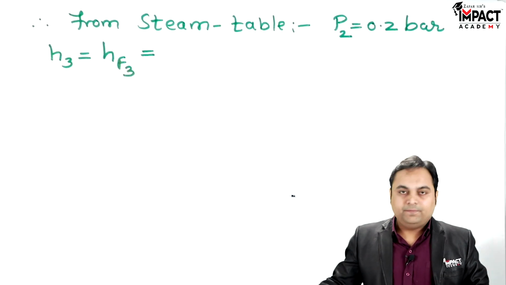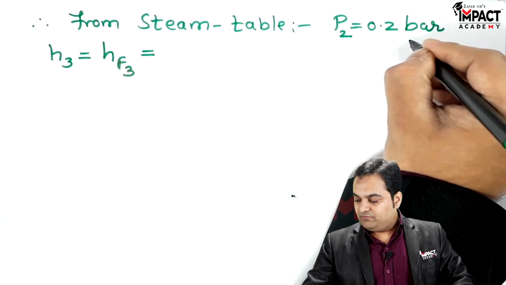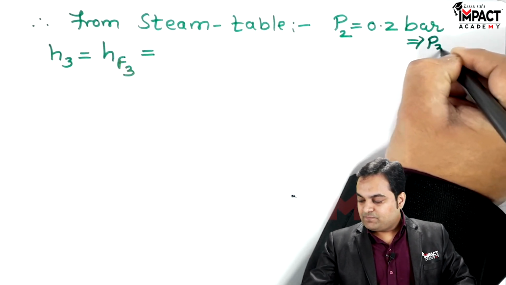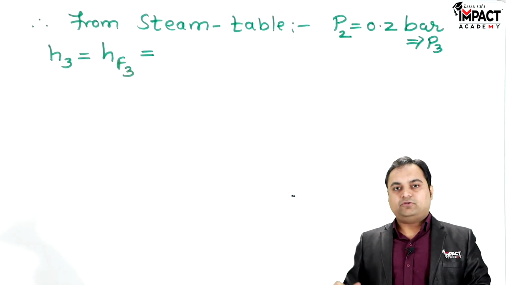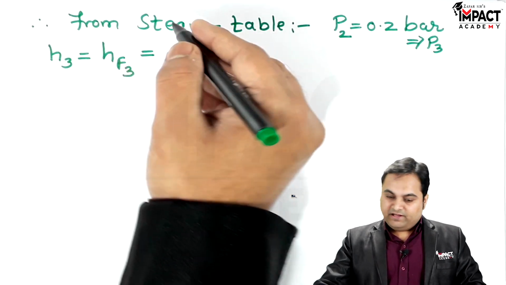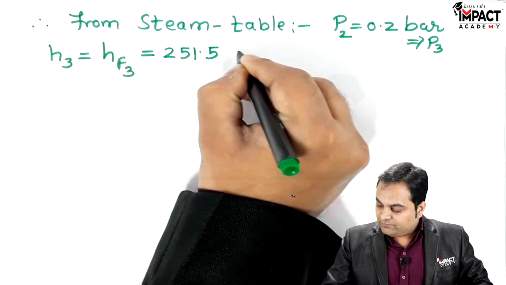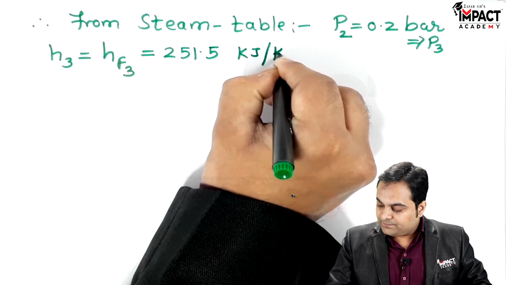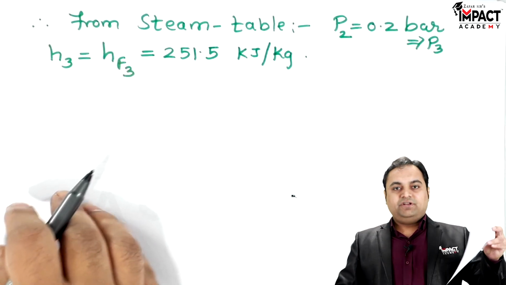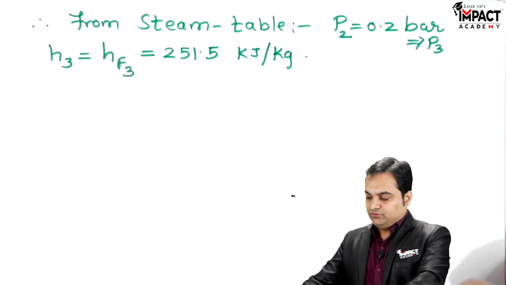Also we can say the same would be the pressure at point 3, because the condensation takes place at constant pressure, and the value was 251.5 kilojoule per kg.